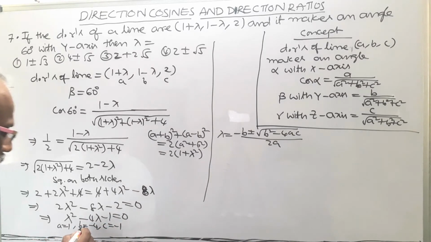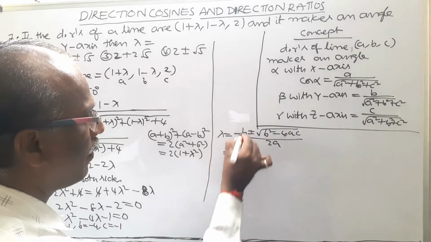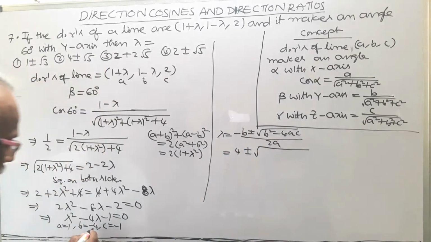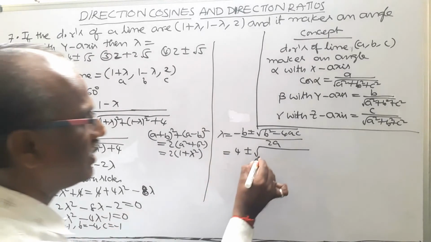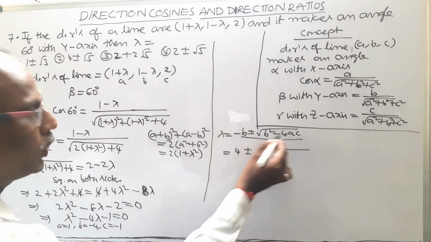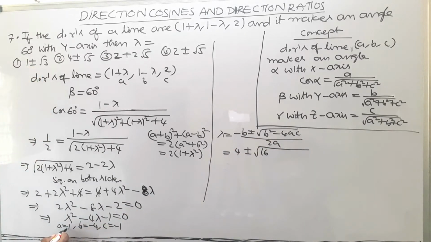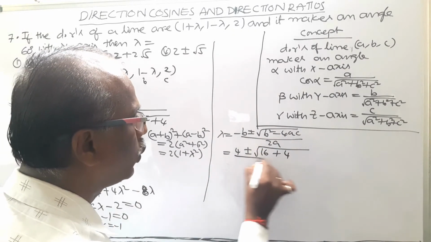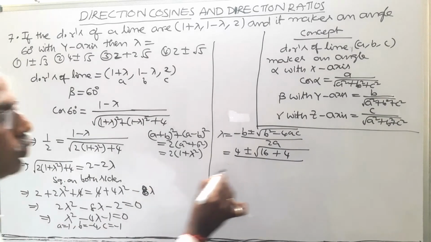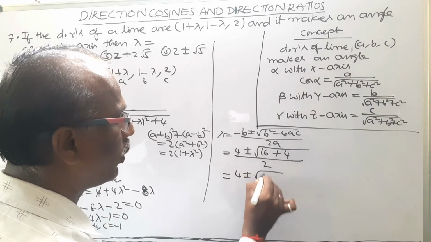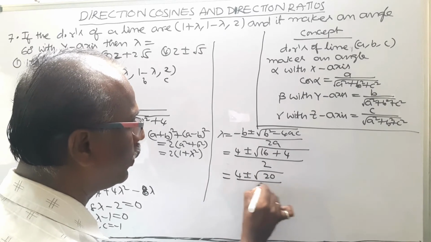Applying the values: minus of minus 4 is plus 4, plus or minus root of minus 4 whole square, 16, minus 4 into 1 into minus 1, that is plus 4, by 2 into 1, which is 2. So 4 plus or minus root 20 by 2.